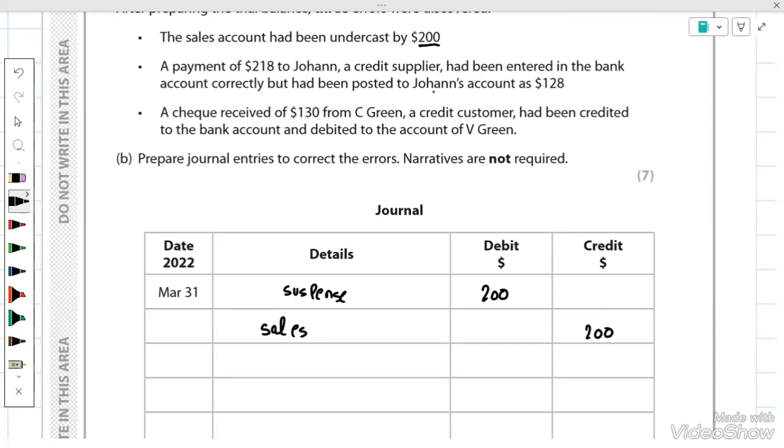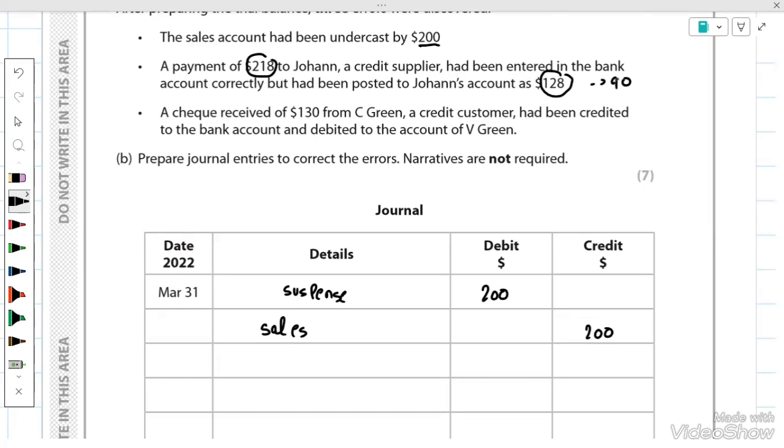Okay, so basically you need to record 218, but you recorded 128. So let's find the difference. 218 minus 128. The difference is basically 90.